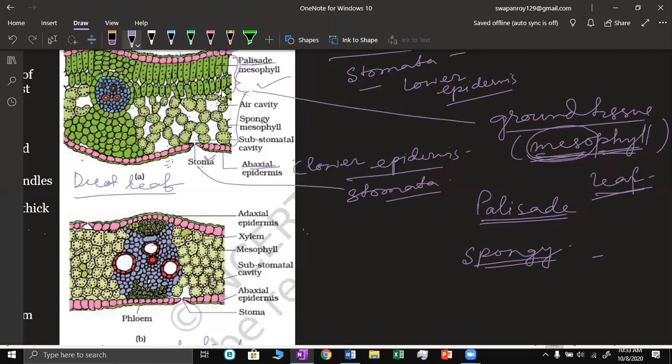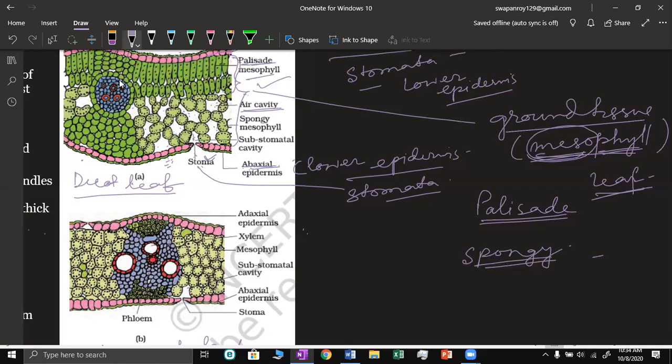So there is more concentration of chlorophyll-containing cells just below the upper epidermis. So this is palisade, and on the lower side there is spongy parenchyma. They have many air spaces. See, the air cavity is there. So they get the gases, carbon dioxide and oxygen, through the stomata, and these move through these air cavities.